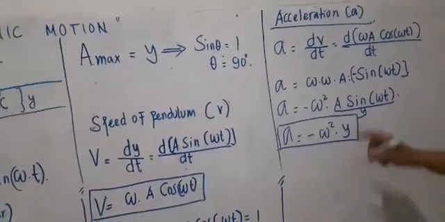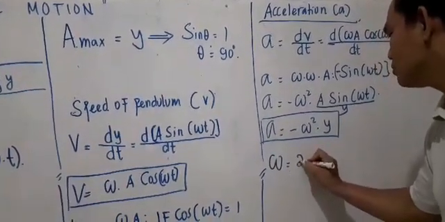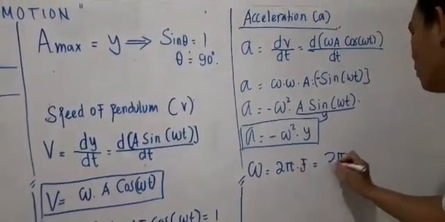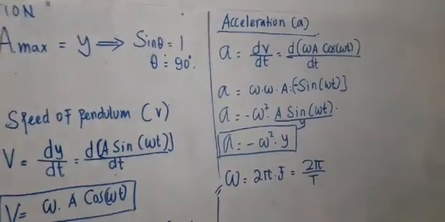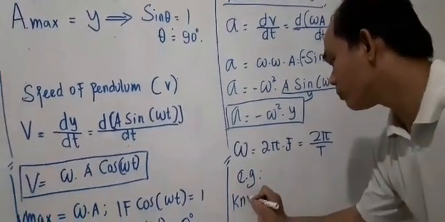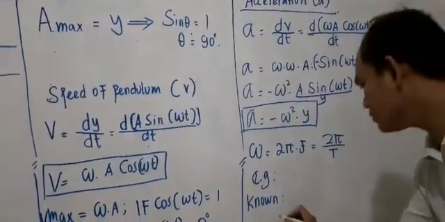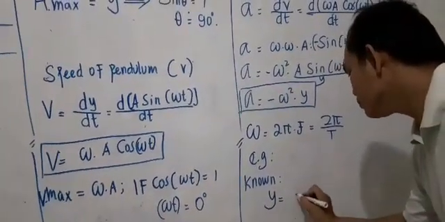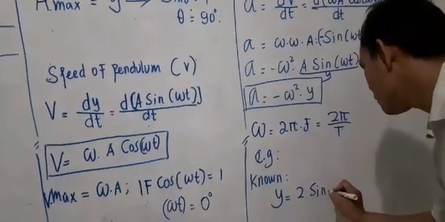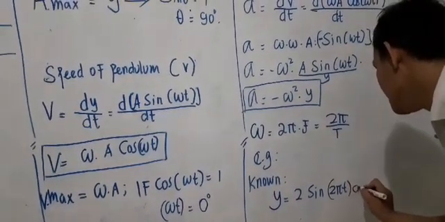The omega itself is equal to 2 pi f, or also 2 pi over T. So for example, it is known that the equation of the wave is y equals 2 sin 2 pi t, in centimeters.